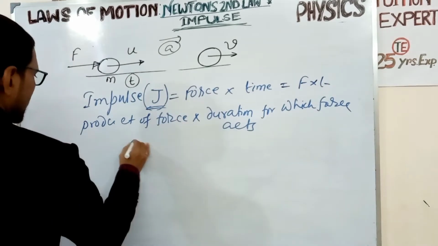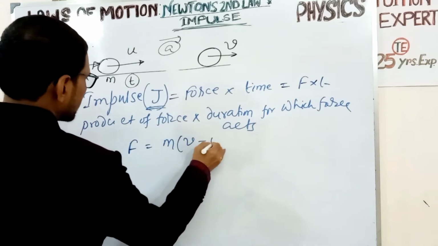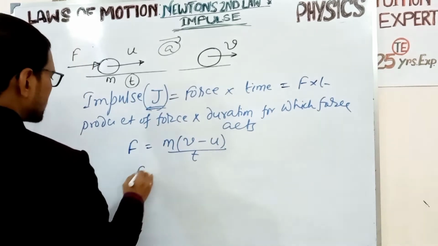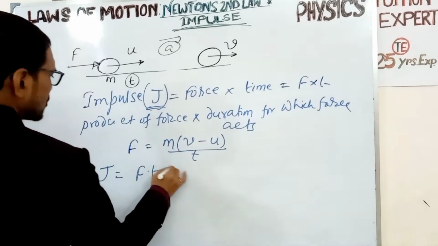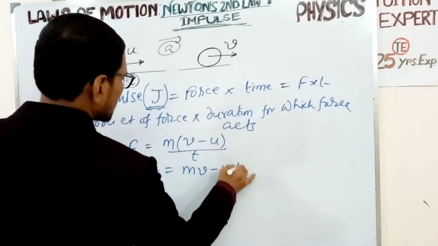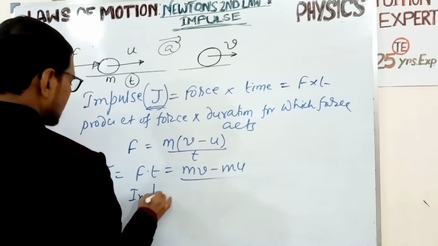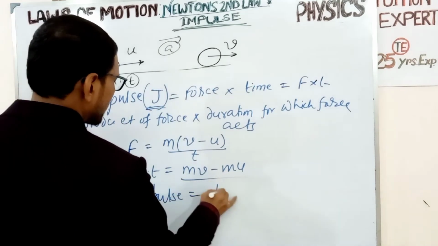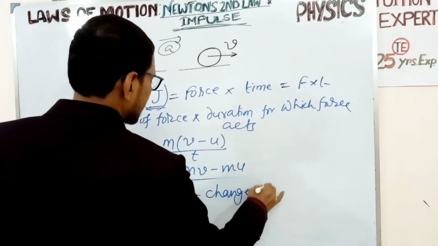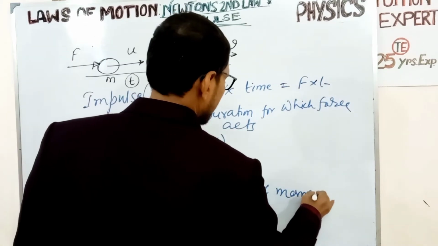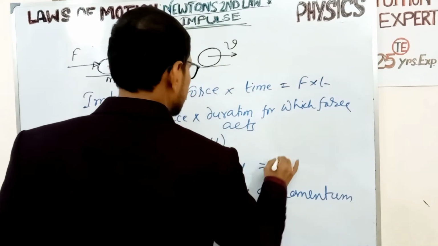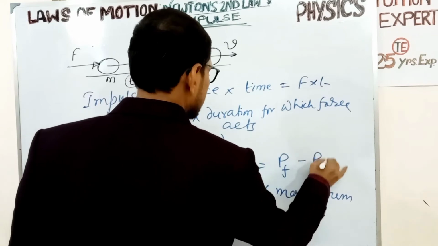Now F equals m (v minus u) by t. So F into t equals mv minus mu. That is, impulse equals change of momentum, that is, final momentum minus initial momentum.